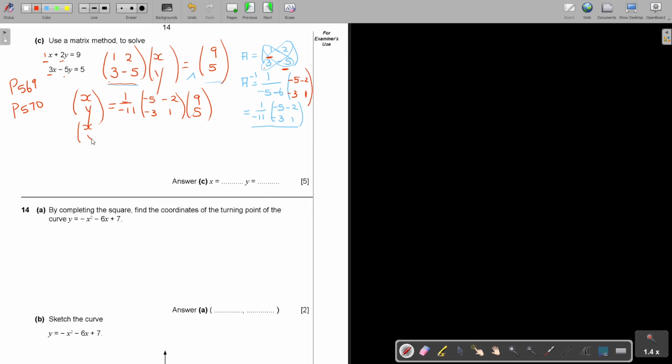So I get xy. To make it easier, I'm going to first multiply this out, and then bring in the 11. So let's keep the 1 over negative 11. Then negative 5 multiplied by 9 gives me negative 45, and negative 2 multiplied by 5 is negative 10.